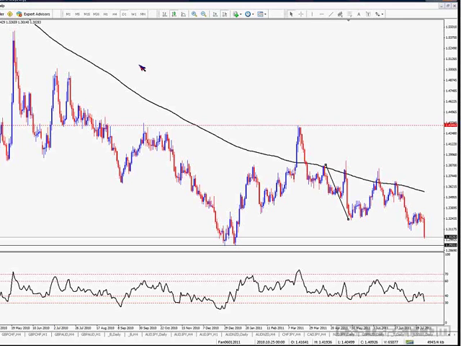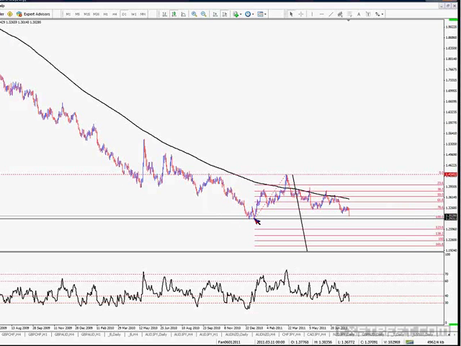Let's see what happens if we break that. If we break that, we can look at this as a measured move and go like that. Another projection method, use the Fibonacci retracement.